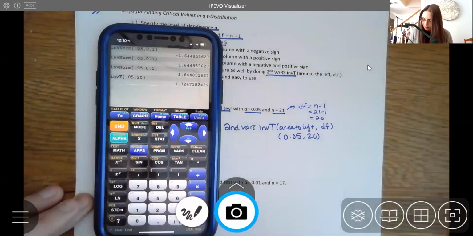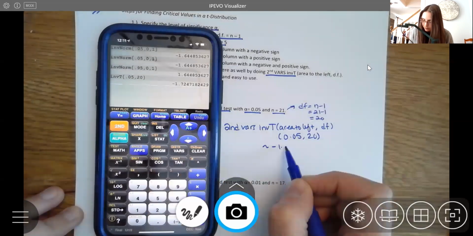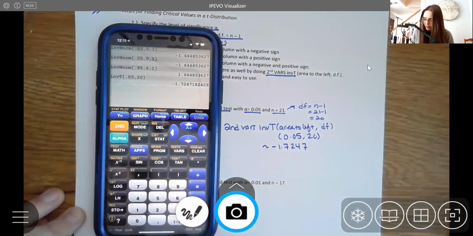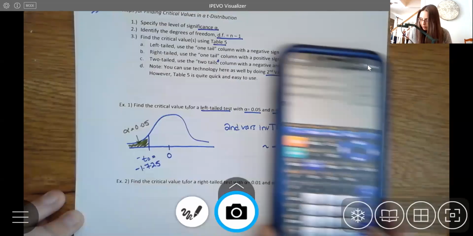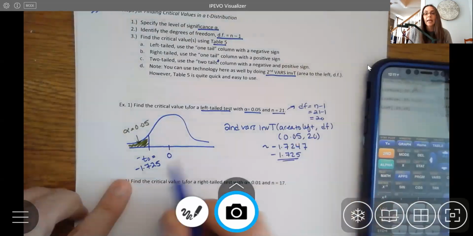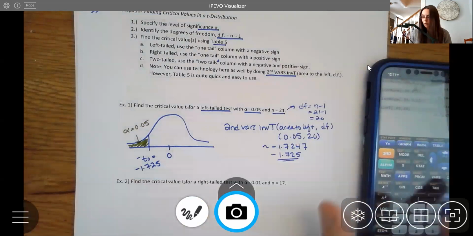I get about negative 1.7247, which if I round to 3 decimal places does match the value that I got here. So you can do it on the calculator. They both work. So I'll show you how to do it both ways as you go through.